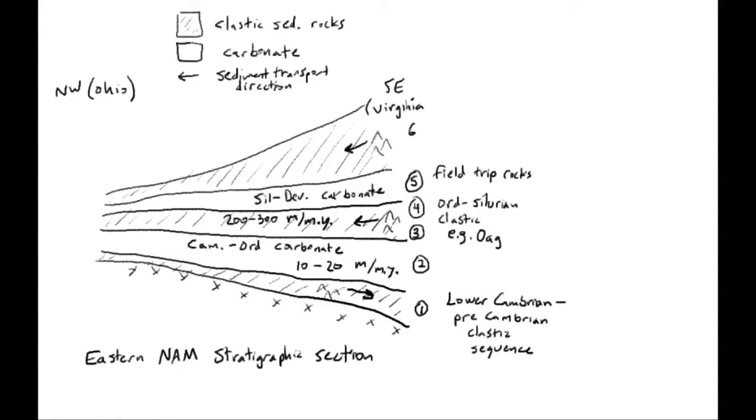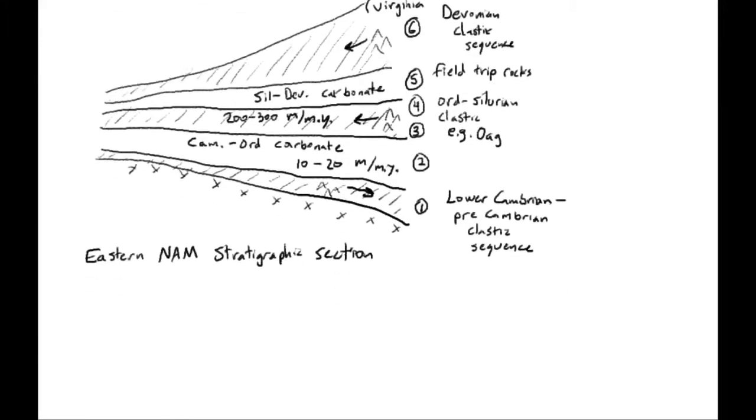And then on top of those is some more clastic material, a Devonian clastic sequence. All right, and we'll come back to this as we go through the sequence of steps 1 through 6.